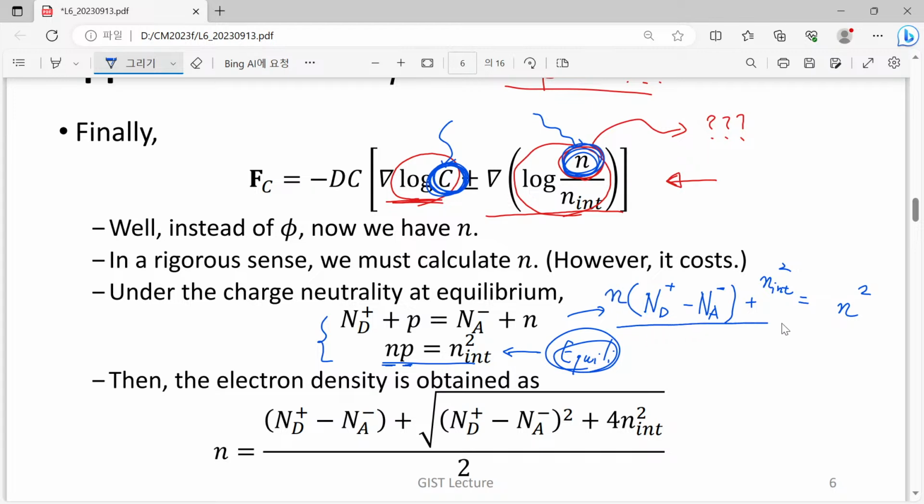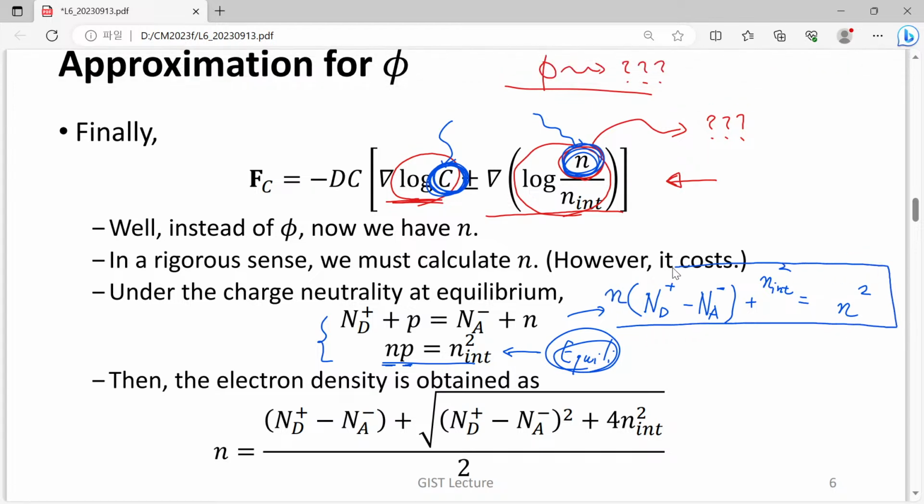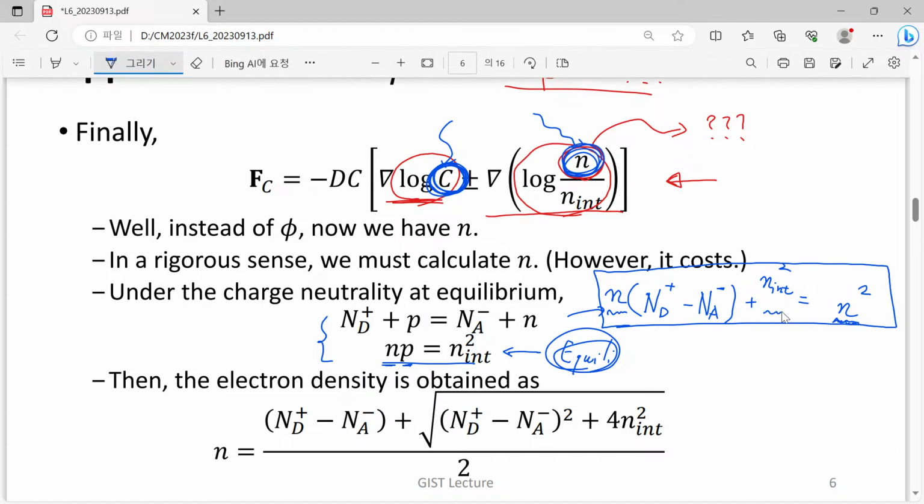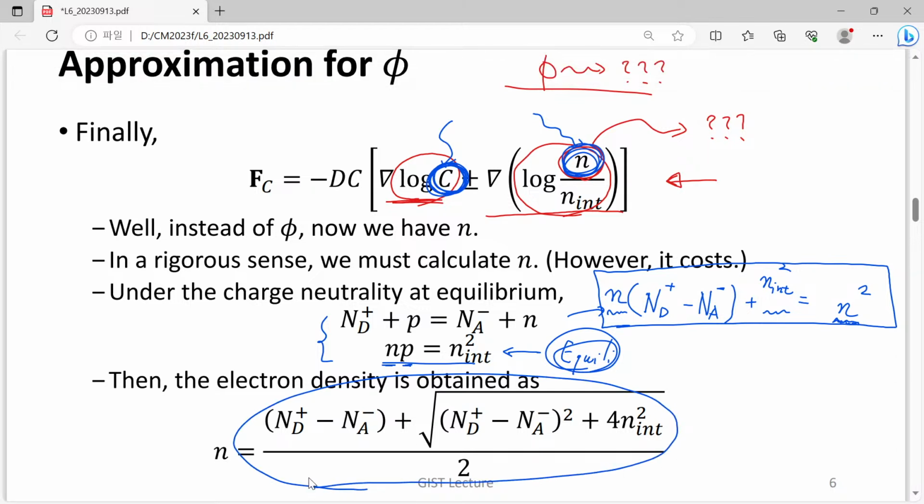That will be the equation for our electron density n, with a second-order term, so a quadratic term, and a linear term and a constant term. So you also know the formula for the solution, and it is written here. Okay, so now you understand what it is.